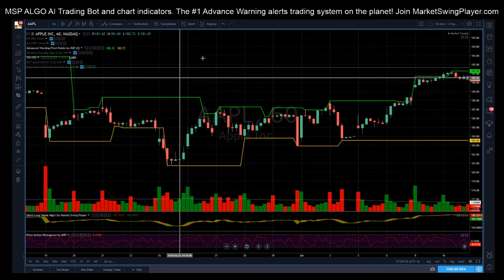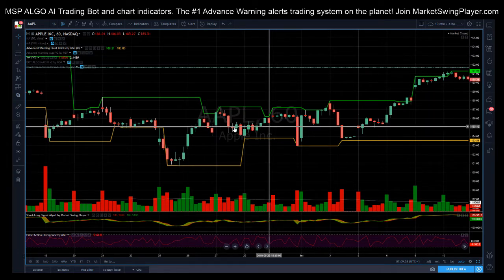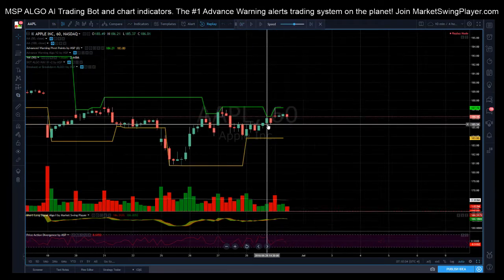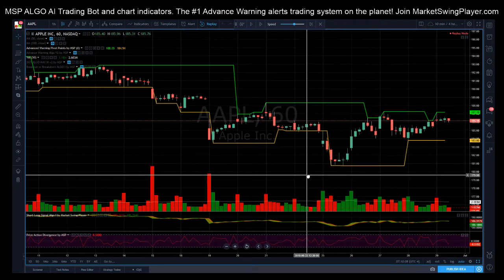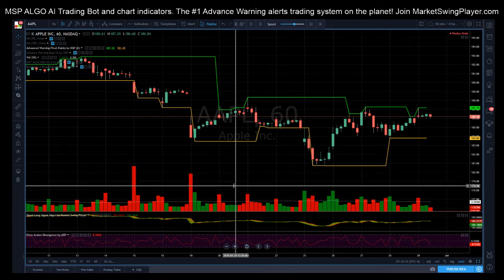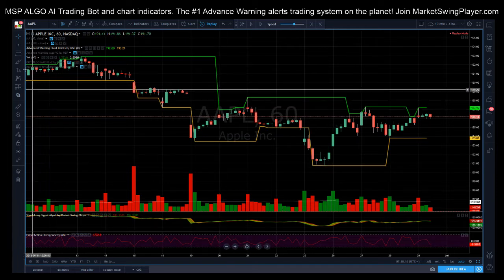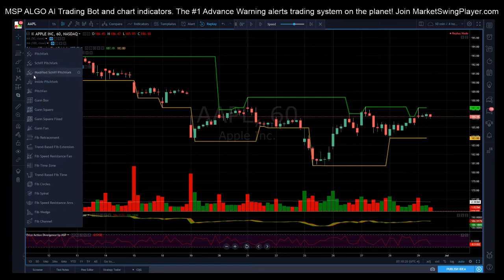So I'm looking at this chart at the beginning of July, and this is the price action I have. So all I want to do is see where the last high and low was of a reversal.